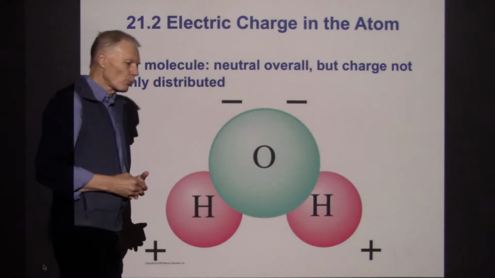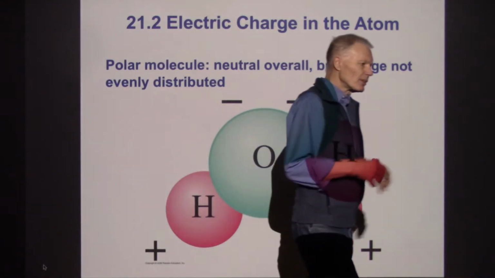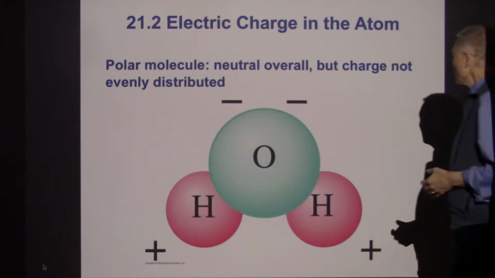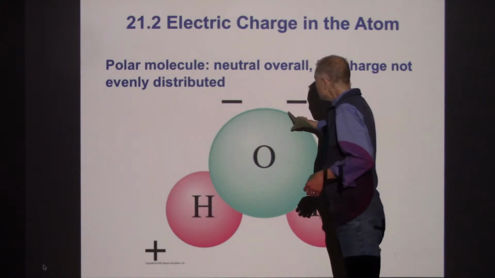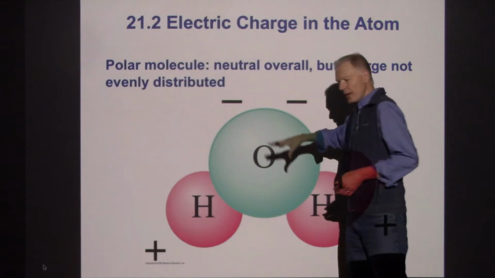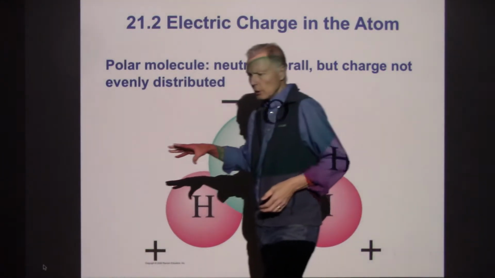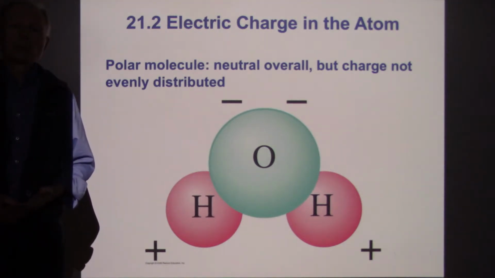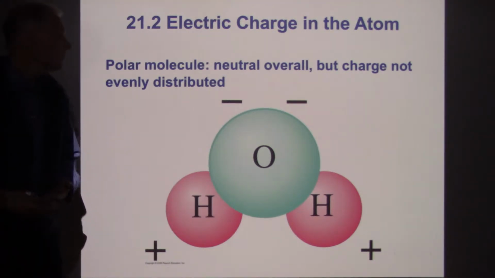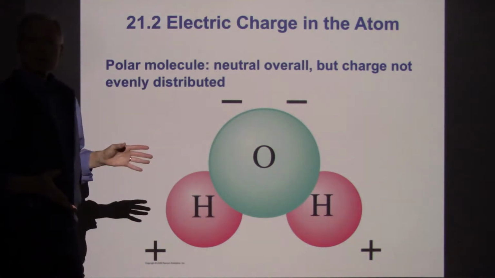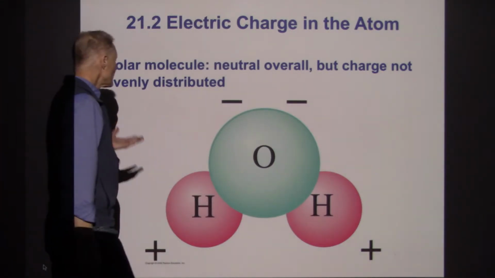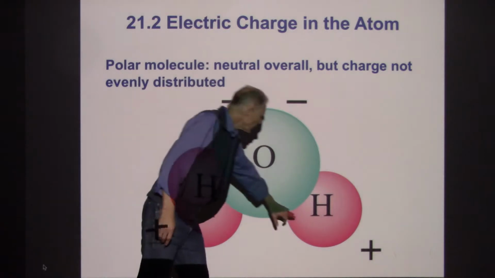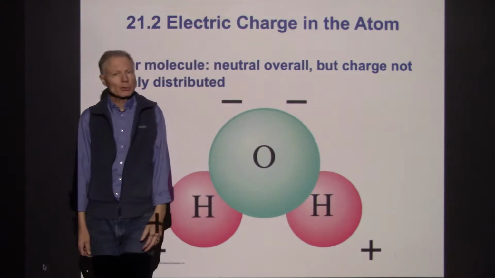Every time we bring different nuclei and their electrons together, every time we form molecules, the electrons are not going to arrange themselves in a pattern that completely cancels out the charge. It's very unlikely that the charge is perfectly spread out, and as a result, most molecules have little residual charges associated with them.